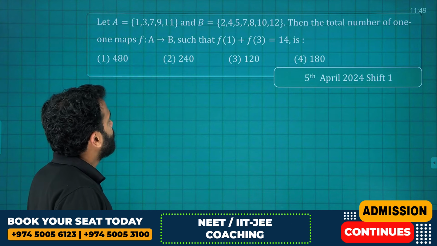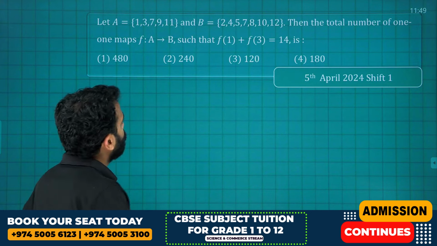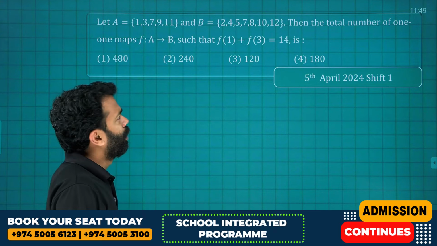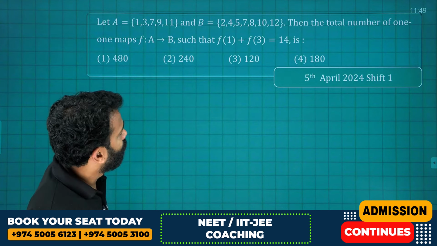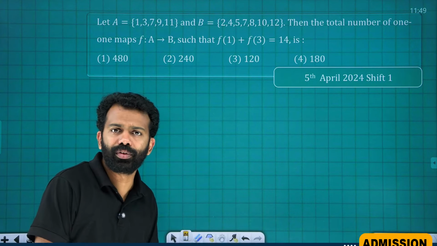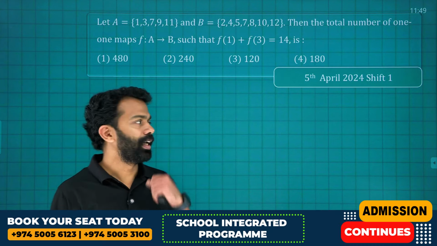Again, two sets are given, A and B, and we need the total number of one-one maps from A to B such that f of 1 plus f of 3 is equal to 14. How are you going to do that? Easy actually.